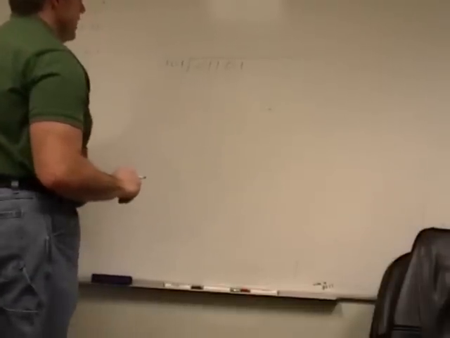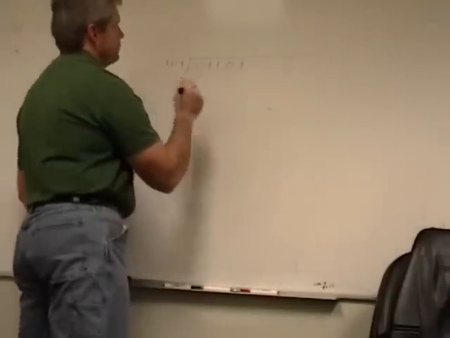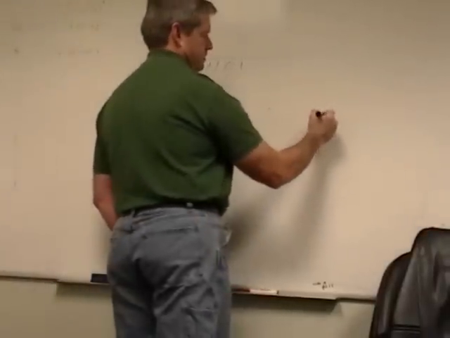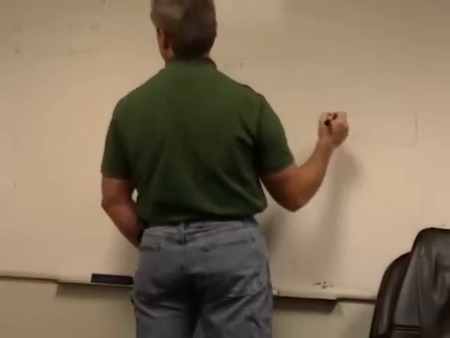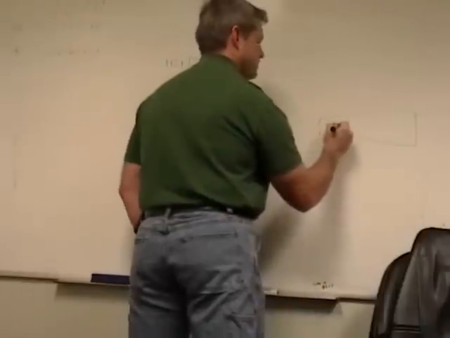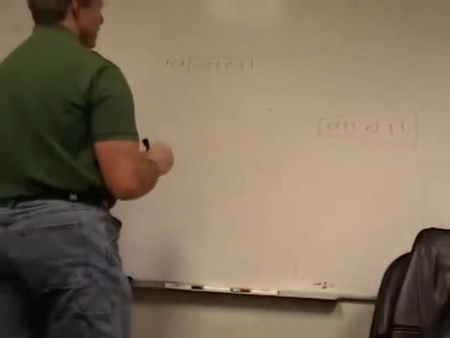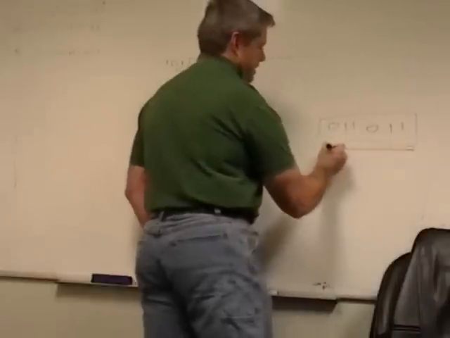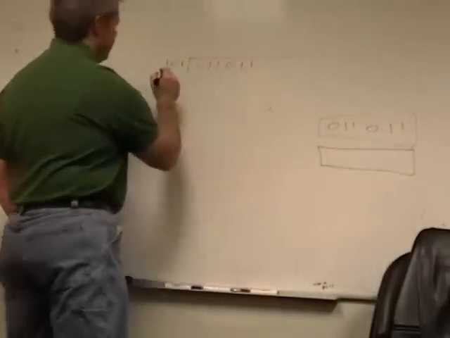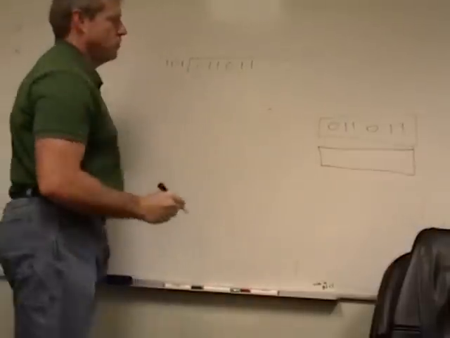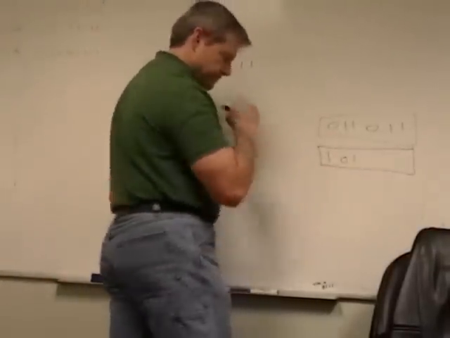What we need to do now is left align, if you look at this as though it's a register that's got 0, 1, 1, 0, 1, 1 in it. We need to take our divisor and left align the very first 1 in a matching register, 1, 0, 1.